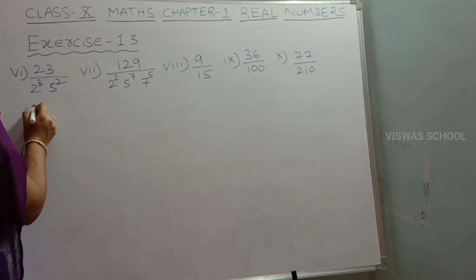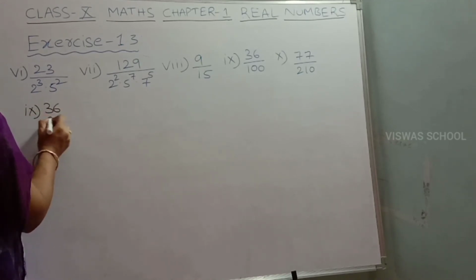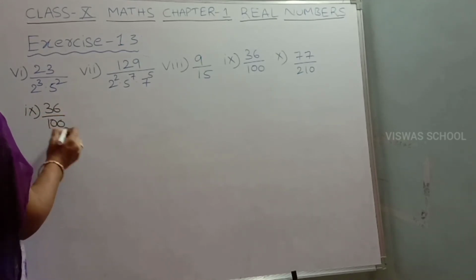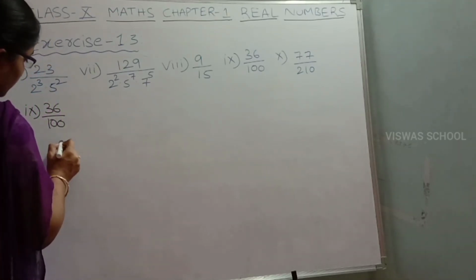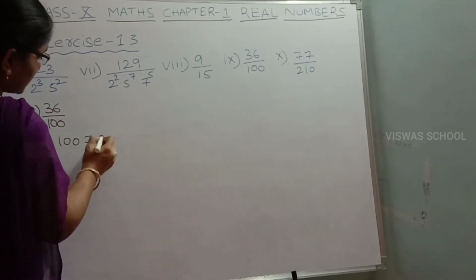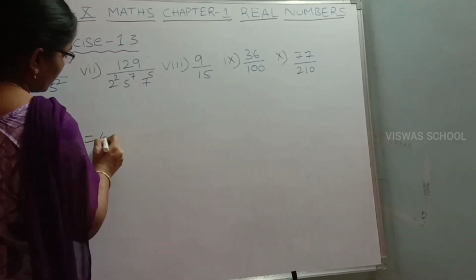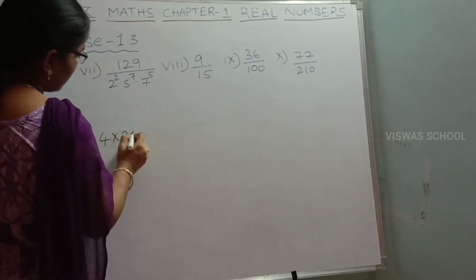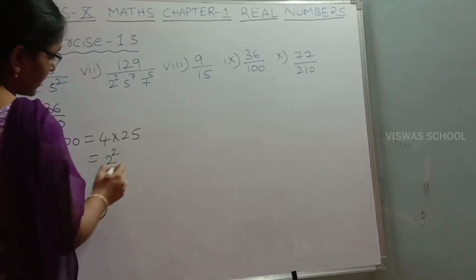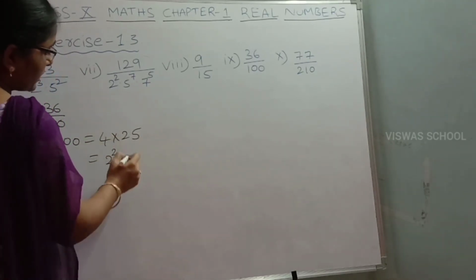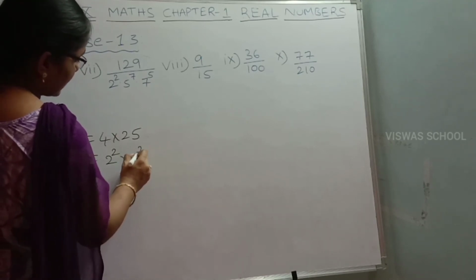The 9th one is 36 by 100. The denominator here is 100. How do you write this denominator? 4 25s are 100. 4 is written as 2 square and 25 is written as 5 square.